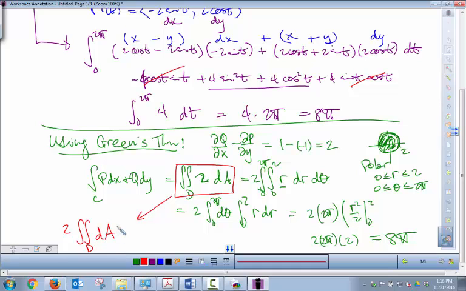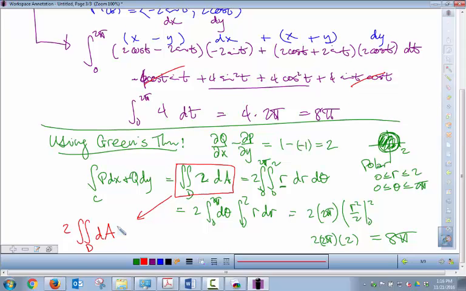So I'm going to ask you to do this a little bit more often later on, especially when we start dealing with difficult integrals. If the thing that goes inside your integrand happens to be constant, you can always take that out. And when you're able to take that out, then you have a double integral where the integrand is 1, right? You remember what that was?